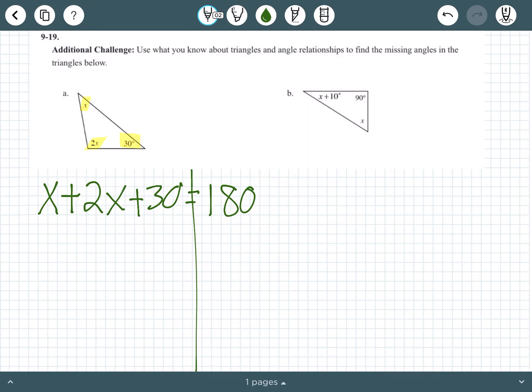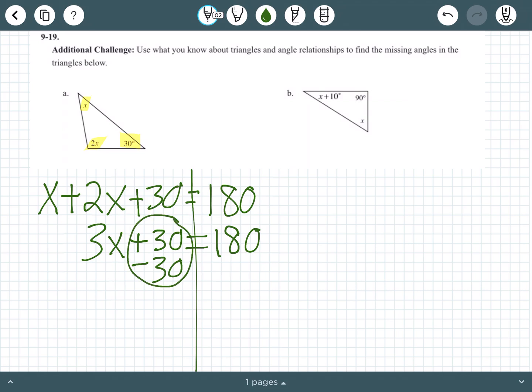I have an x plus 2x. I can combine those to get a 3x, and then plus 30 equals 180. Now I can subtract 30 from each side. I have a zero pair here.